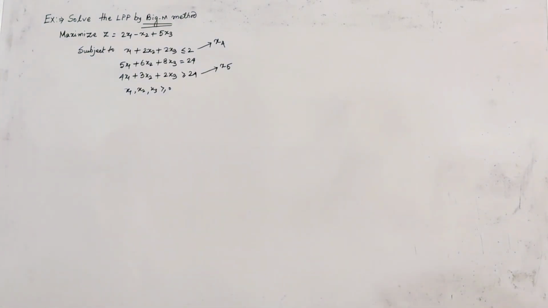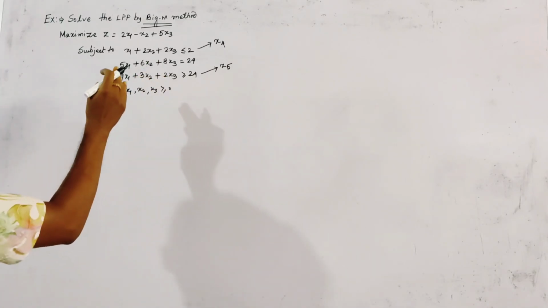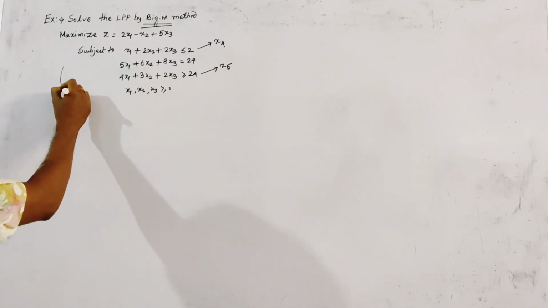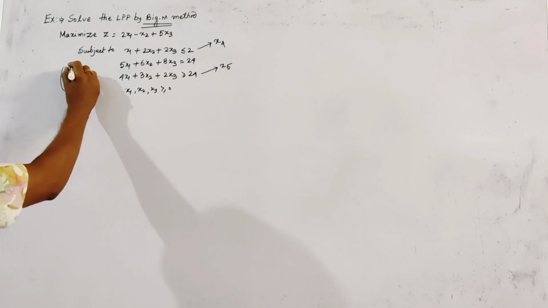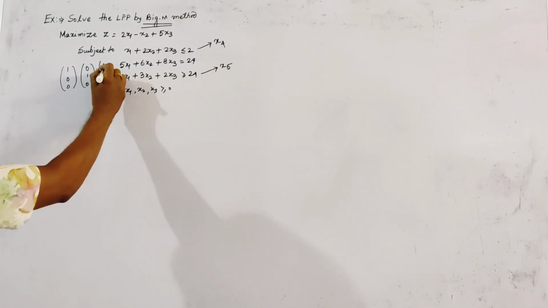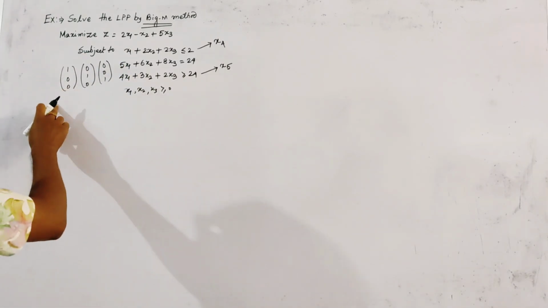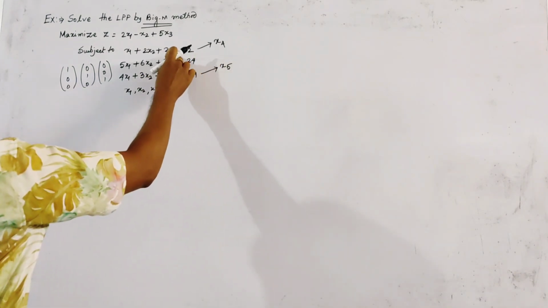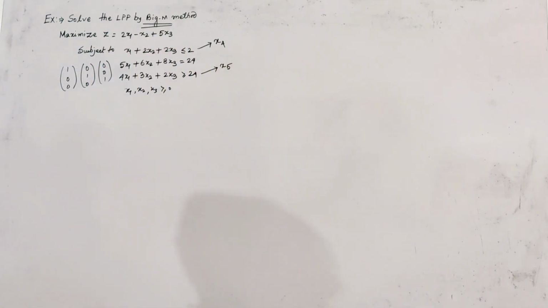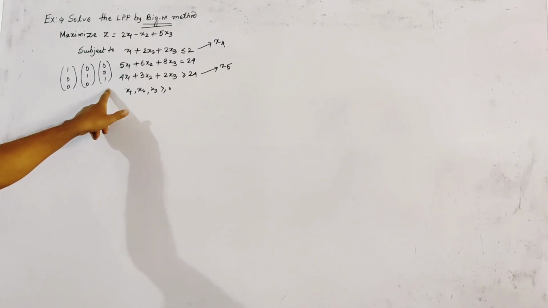Now we must get the standard basis of the form 1 0 0, 0 1 0 and 0 0 1 in the starting table. We get 1 0 0 by using the slack variable in the first constraint, but we cannot get the other two starting vectors.